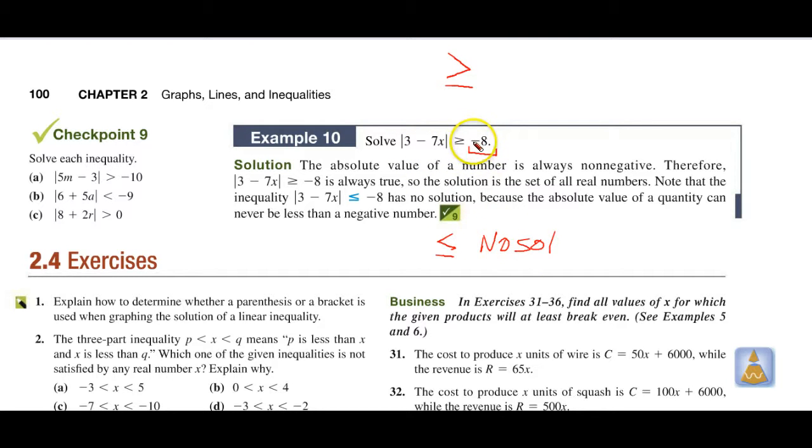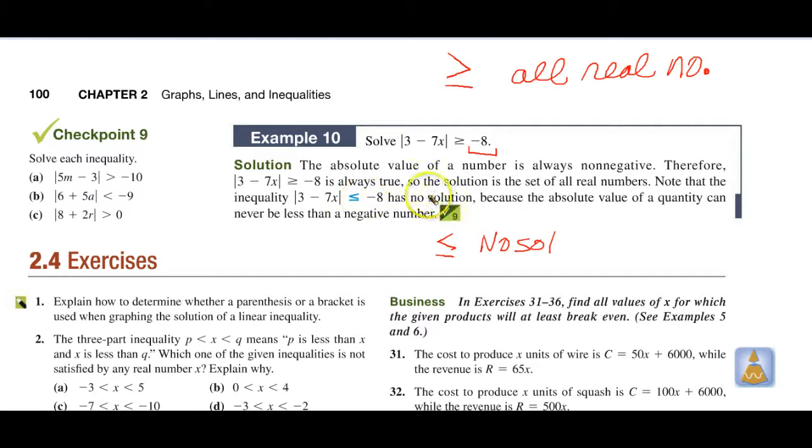But if they start with a -8 and it's greater than, then it's going to be all real numbers. And this is the statement here that describes what we've just said.